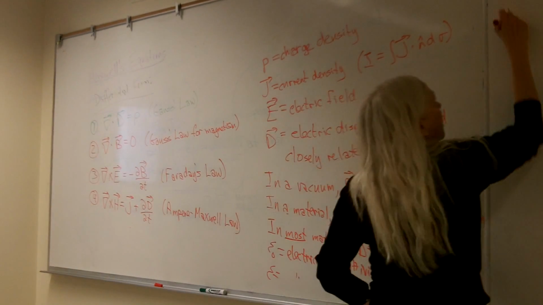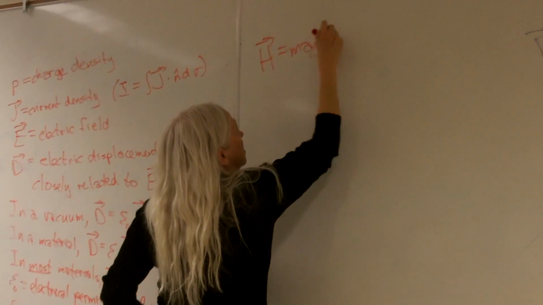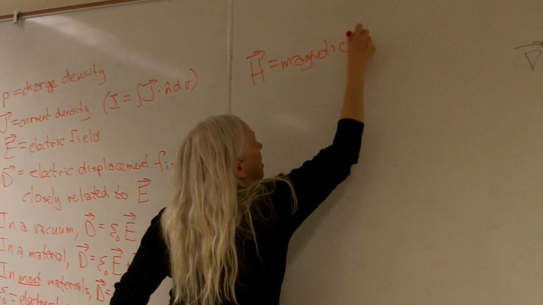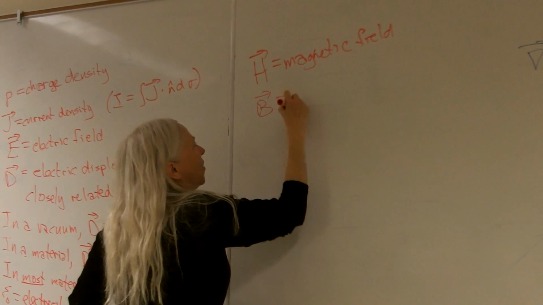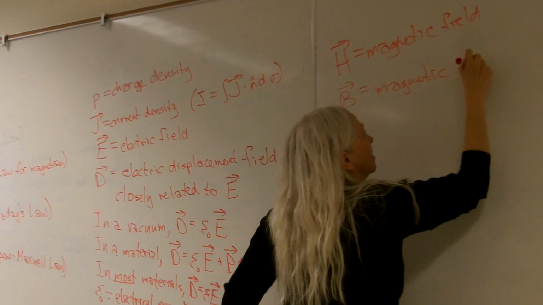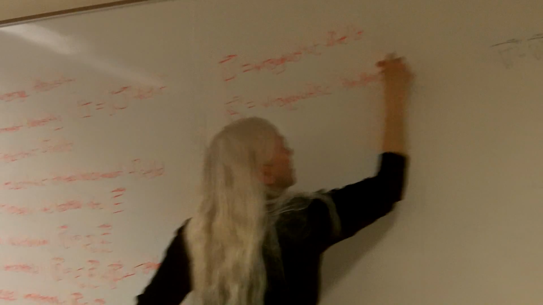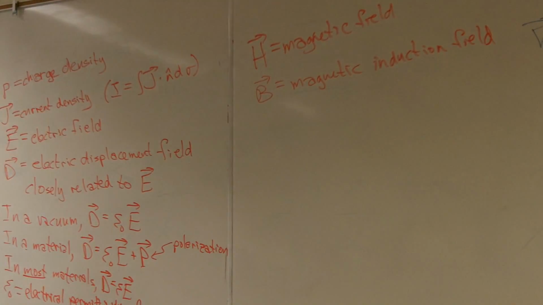H is technically called the magnetic field, although you probably think of B as the magnetic field, but technically B is something called the magnetic induction field. Although people are often a little bit sloppy about the terminology here because it's so common to just call B a magnetic field that many times people do that.